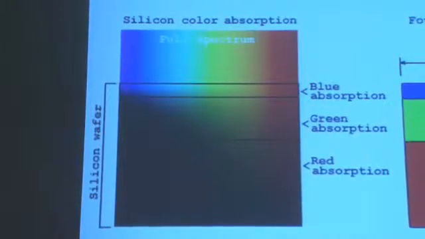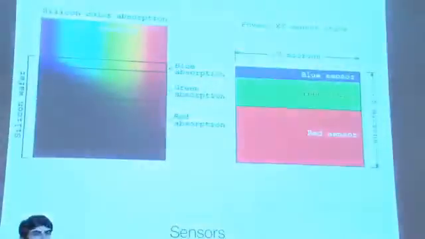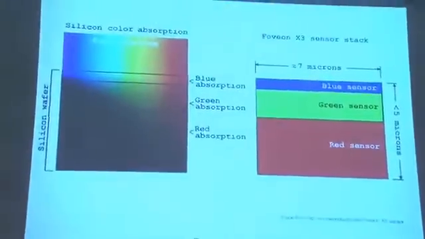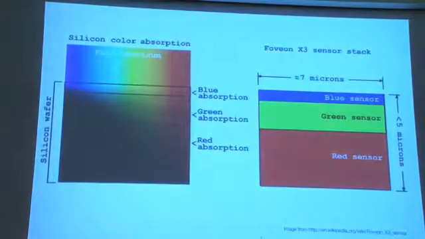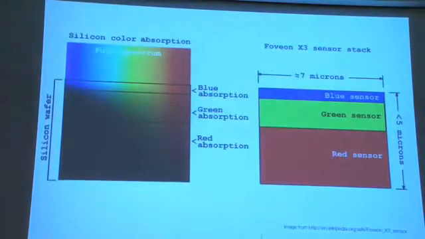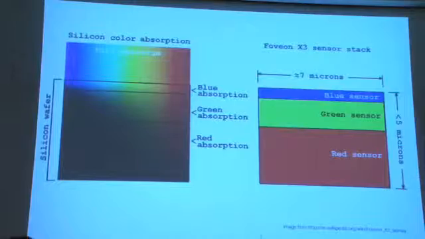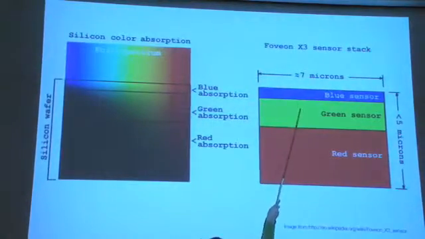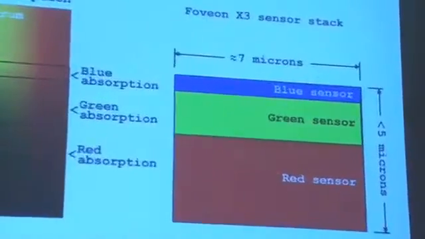And so they used this to their advantage. They would layer photodiodes, one on top of the other, the blue one being at the very top, the green one underneath it, then the red one underneath that, so that at each pixel there were 3 photodiodes that would capture the different red, green, or blue color information.